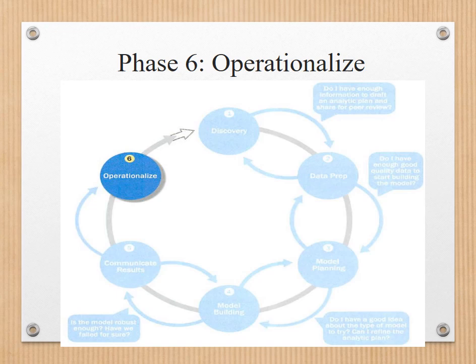In the operationalize phase, actual deployment of the project is done. In the deployment, the real-time data is applied on the model, and the observation, behavior and performance of the model are measured on the real-time data.